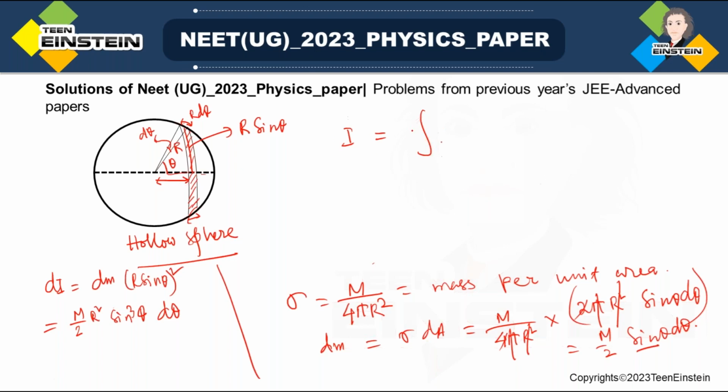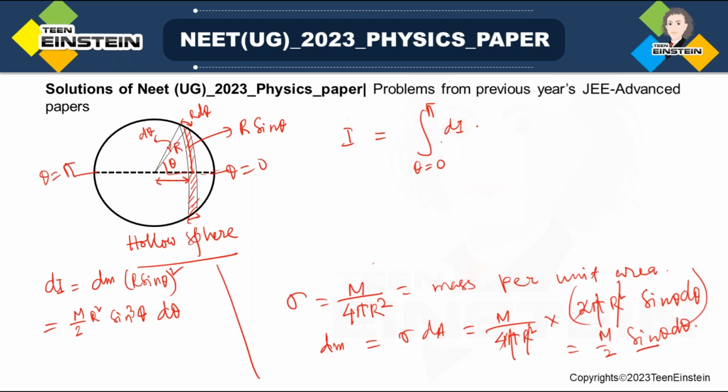So how to do that? We can do the integration over dI, and we are just integrating over theta. Theta goes from 0 to pi. Here it is theta equal to 0, and at this particular position theta is equal to pi. So if this radius just rotates from 0 to pi, then the whole sphere is covered.